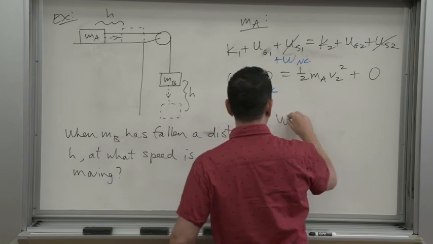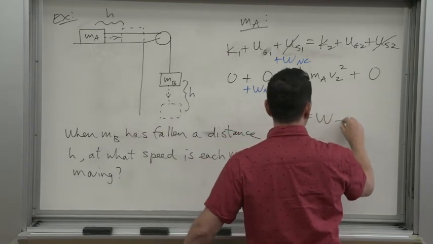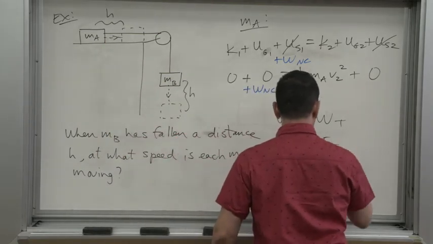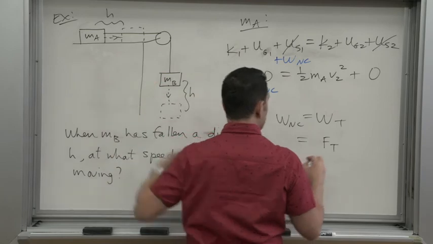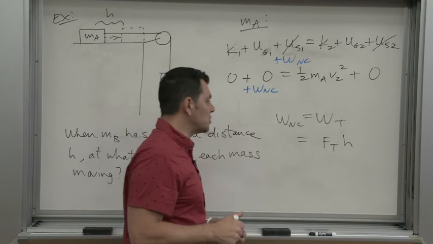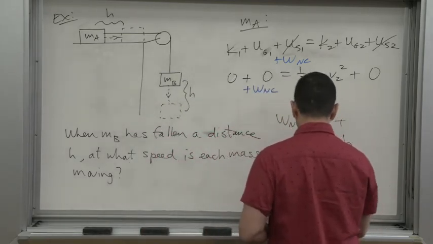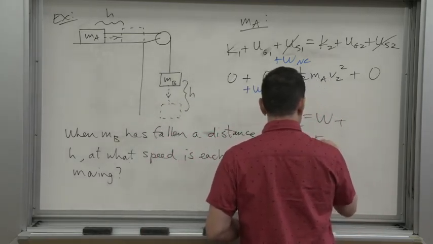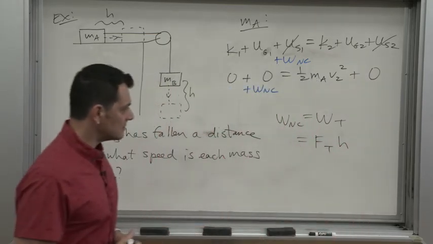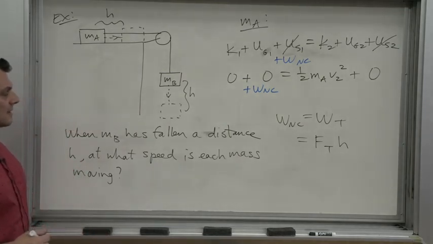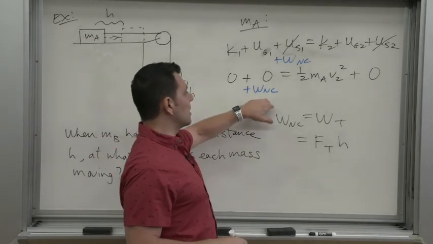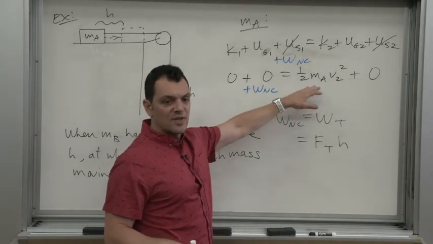Well, work non-conservative is the work done by tension, which is going to be the tension force, F sub t, times the displacement, which is h, times the cosine of the angle between the two, which is 0 degrees. So it's just the tension times h. Okay. But I'm going to leave this as work non-conservative is equal to 1/2 MA times V2 squared.